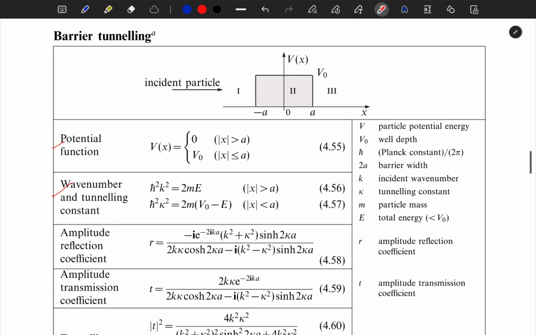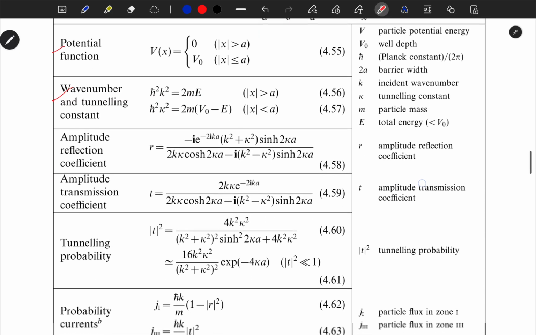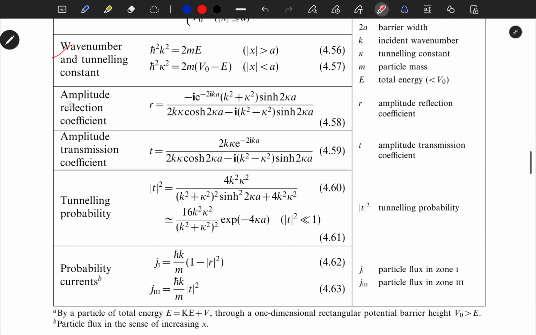Barrier tunneling, so potential wall, barrier. The potential energy is 0 here, V0 here, and here again 0. Similarly, ħ²k² equals 2mE, and ħ²κ² equals 2m(V0 minus E). With a similar formalism we can calculate the reflection and transmission coefficients.